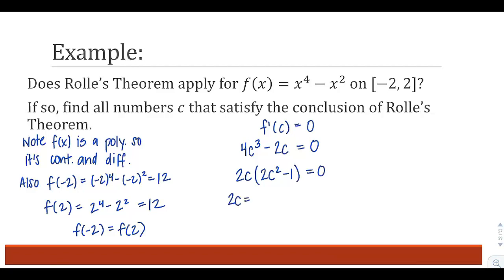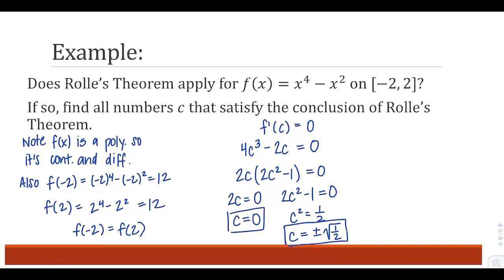So I get 2c equals 0 and 2c squared minus 1 equals 0. So c is equal to 0, or c squared is equal to 1/2, so c is plus or minus the square root of 1/2. So I end up with 3 different values that satisfy the conclusion of Rolle's theorem, which is fine because it says there's at least one value where f prime of c equals 0.